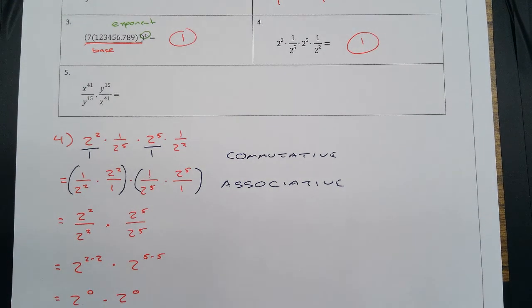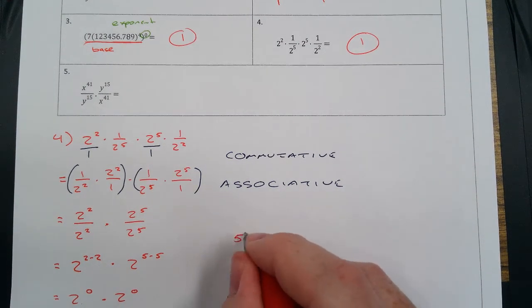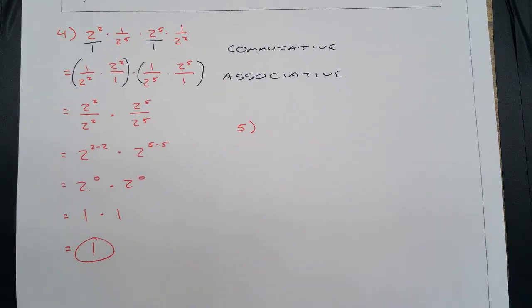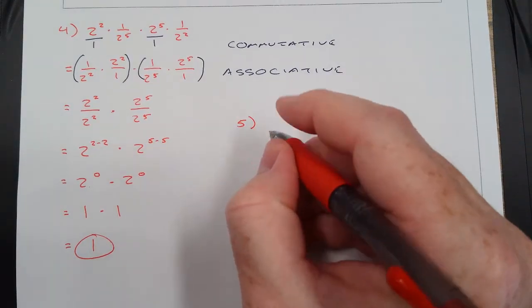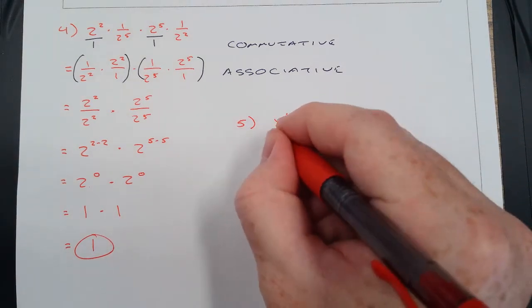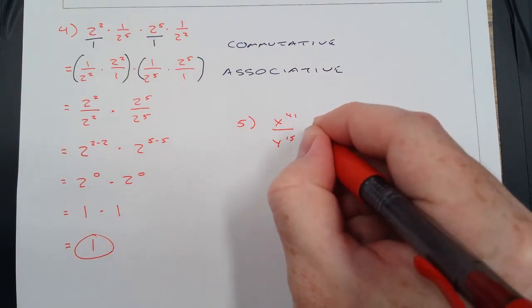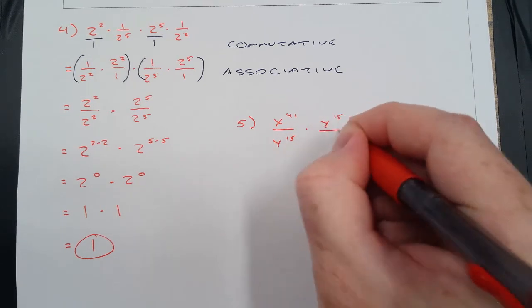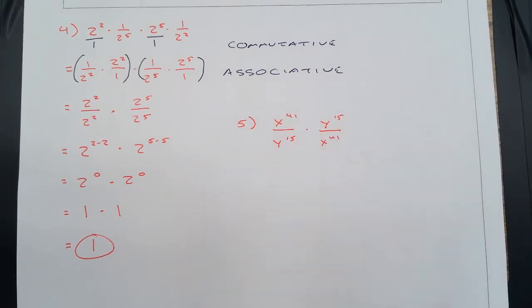Number 5, I'm also going to do down at the bottom to spread out a little bit. I get x to the 41st over y to the 15th times y to the 15th over x to the 41st.